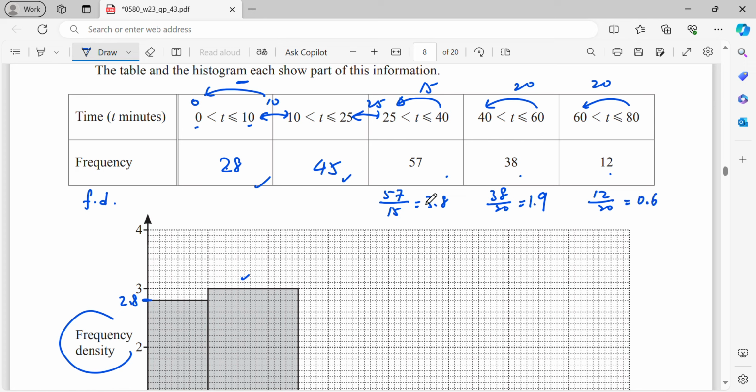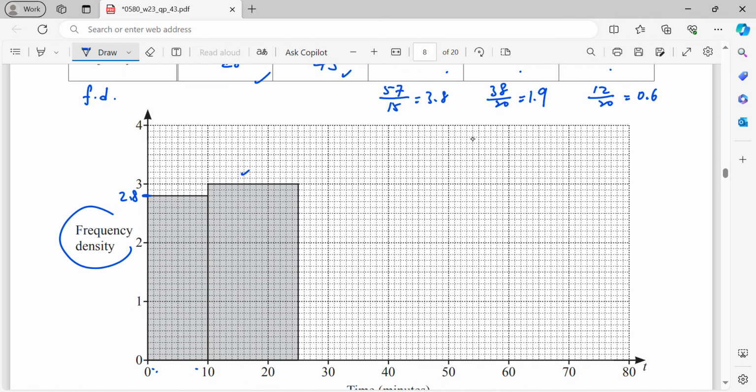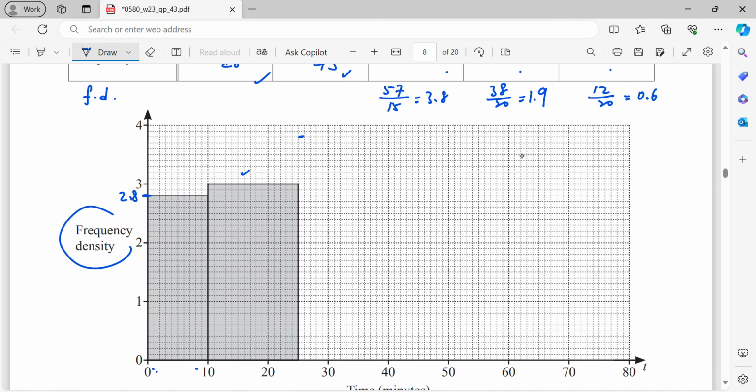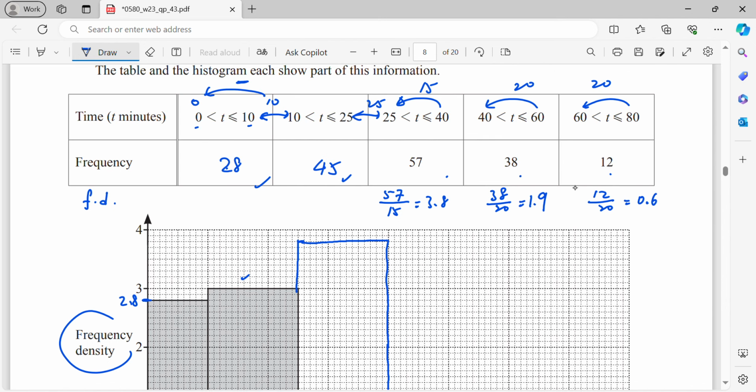So now I have to mark 3.8 for 25 to 40. So 3.8 is here, and 40 is here. That means you have to mark this, and just join using the ruler to get a histogram. Next is 40 to 60.